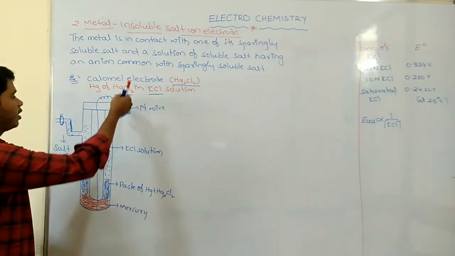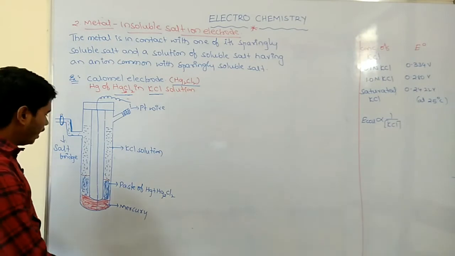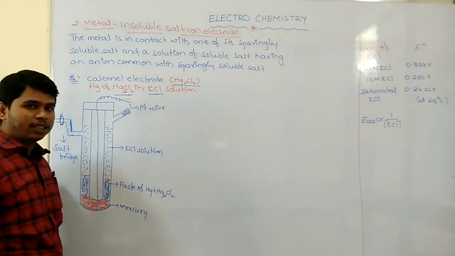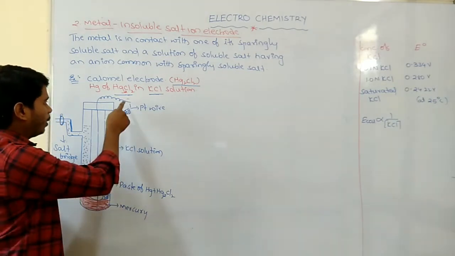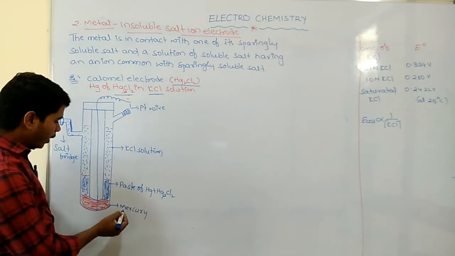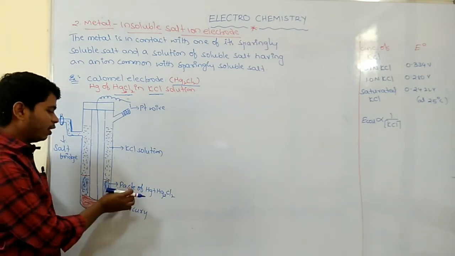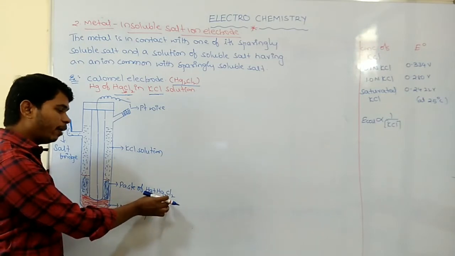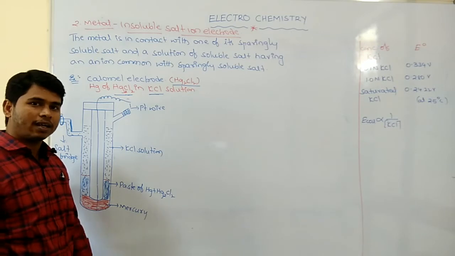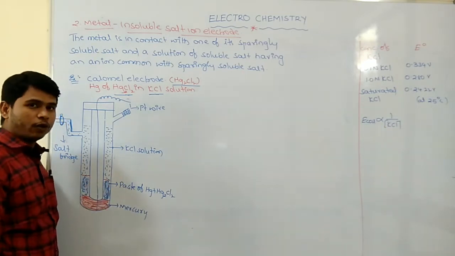Coming to the construction of the calomel electrode. In this calomel electrode, there is a glass tube where a platinum wire is dipped into it, and mercury is placed at the bottom. Then the paste of mercury and mercurous chloride, Hg2Cl2, which is also called calomel, is placed after the mercury.